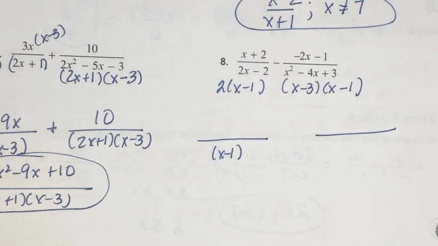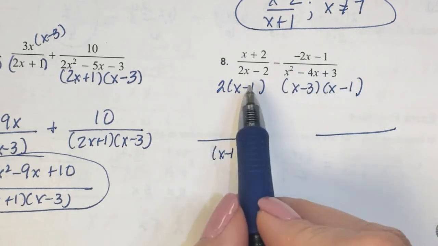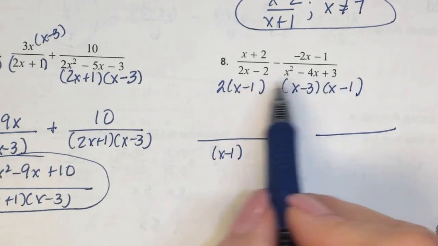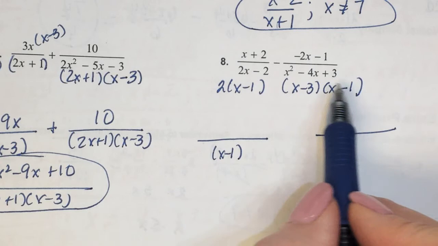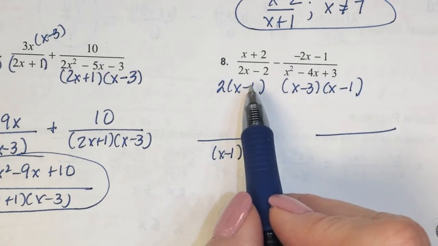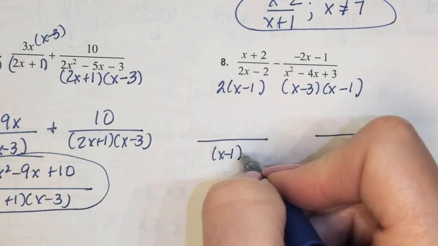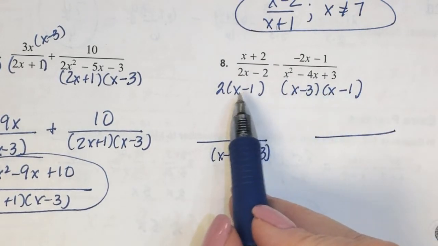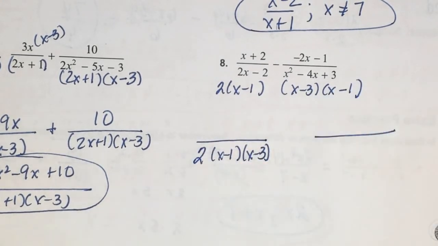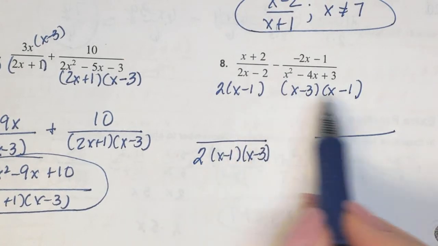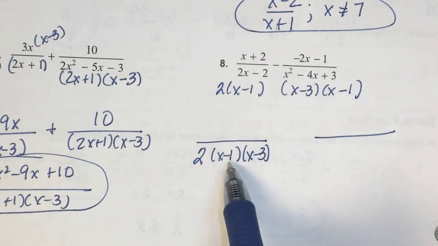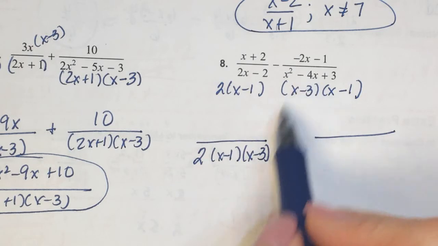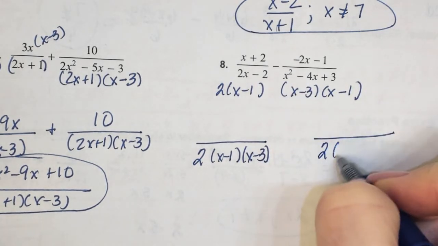Okay, so we're using the x minus 1 because it's in common. What's another factor that we have? X minus 3 is going to have to be in our denominator. And what else? What am I missing? 2. That's going to be our common denominator. These two are common, so I can just use that. But then I have to use this one and I have to use this one.